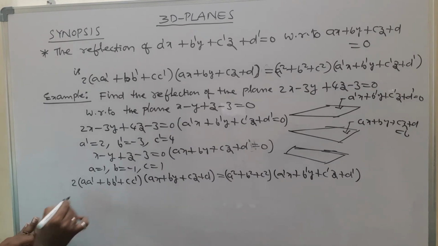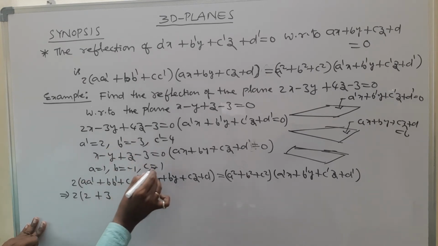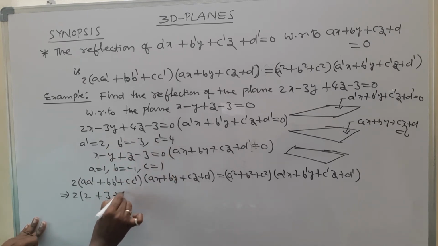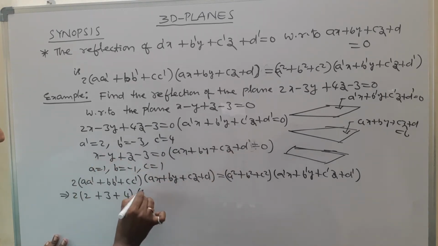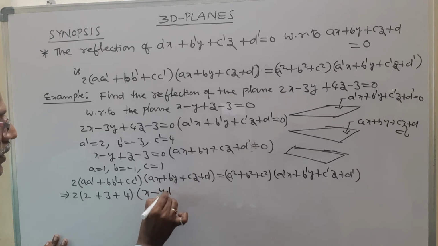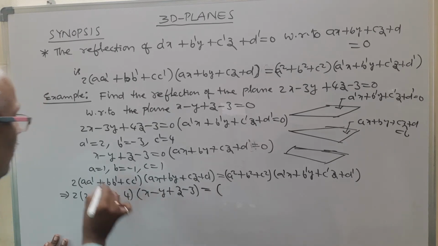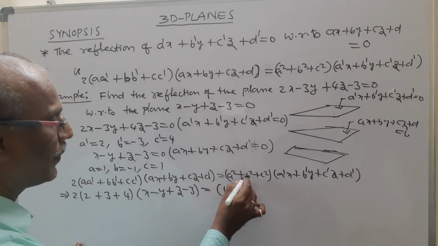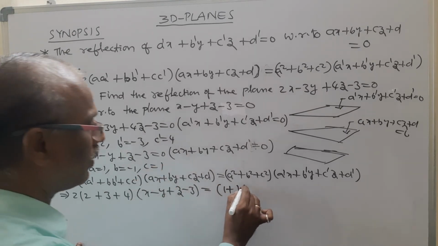Here a dash is 2, into a is 1, into 2 is 2. b dash is minus 1 into minus 3, that is 3, minus into minus plus. c dash is 1 into 4, that is 4. Then ax plus by plus cz plus d equal to 0, x minus y plus z minus 3 is equal to a square, 1 square, 1, b square, minus 1 whole square, 1, c square, 1 square, 1.